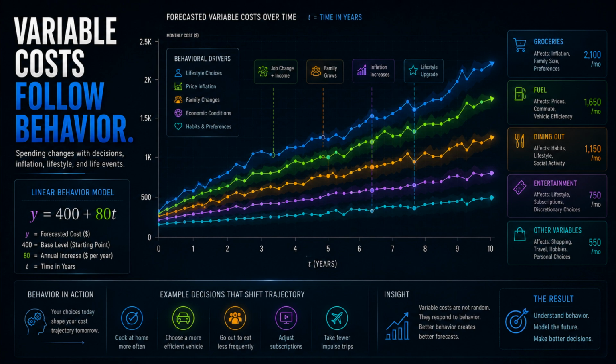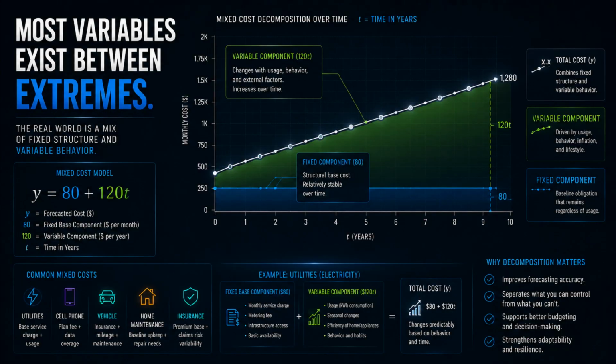So this formula is saying the cost starts at 400 and increases by $80 each year. This is where forecasting becomes powerful, because now we are no longer just recording what happened, we are modeling how behavior may evolve. This is no longer expense tracking, this is behavioral systems analysis.